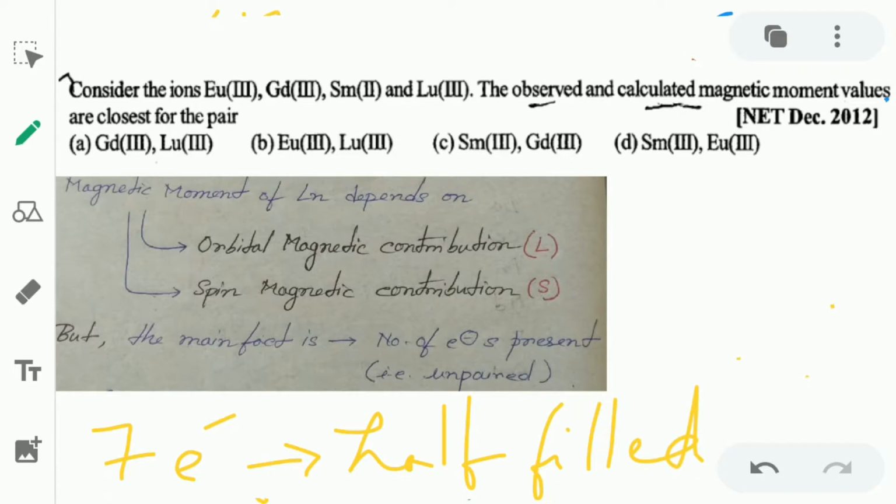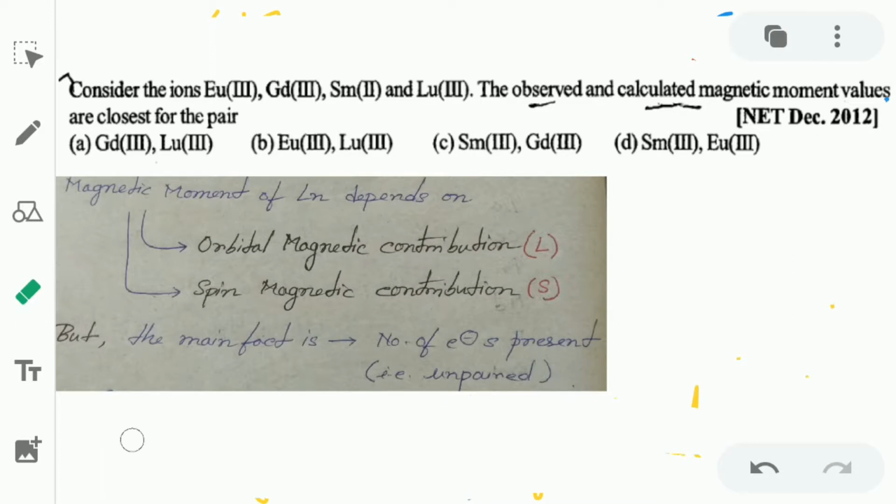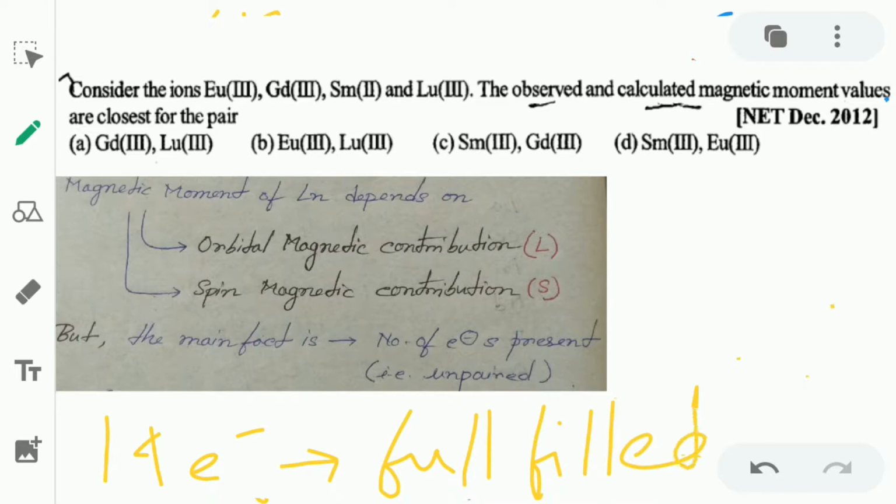And if it has 14 electrons, then it is fully filled. So let's check the electronic configuration of gadolinium-3 and lutetium-3.